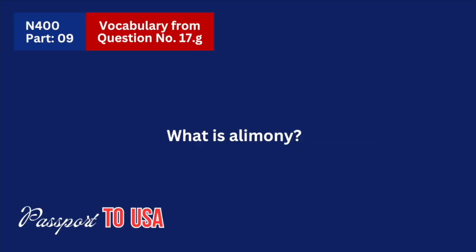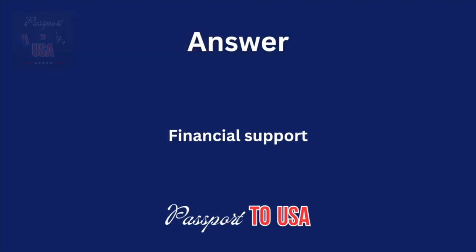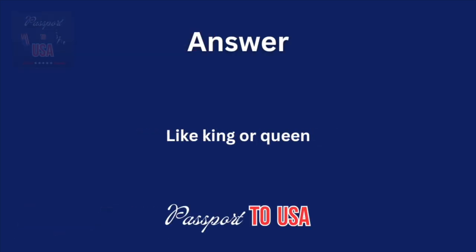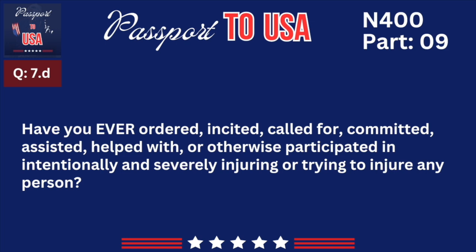What is alimony? Financial support. What is order of nobility? Like king or queen. Have you ever ordered, incited, called for, committed, assisted, helped with, or otherwise participated in intentionally and severely injuring or trying to injure any person?